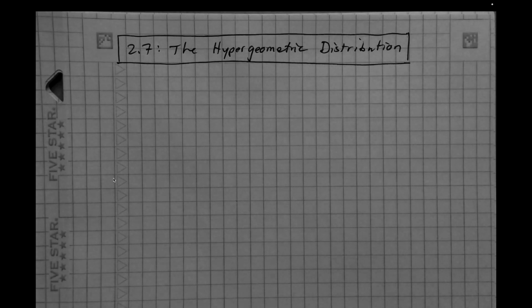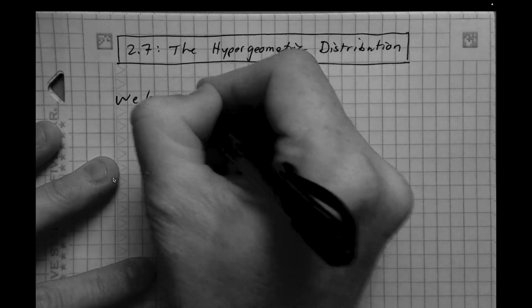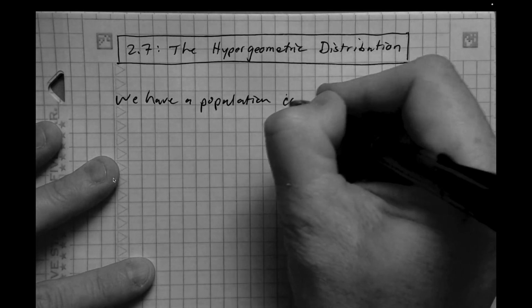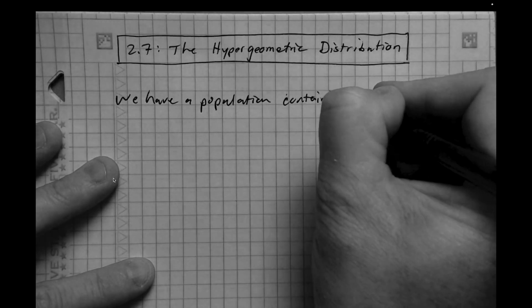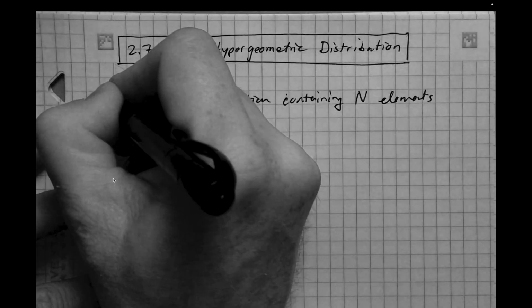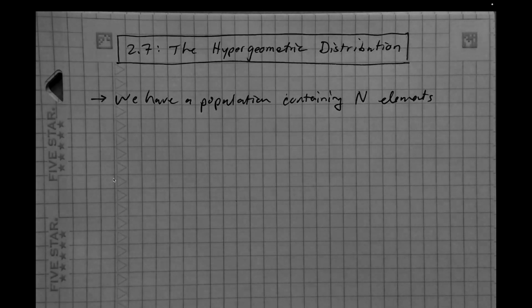The idea here is, let's suppose that we have a population containing N elements. I'll just use capital N here to denote the population.